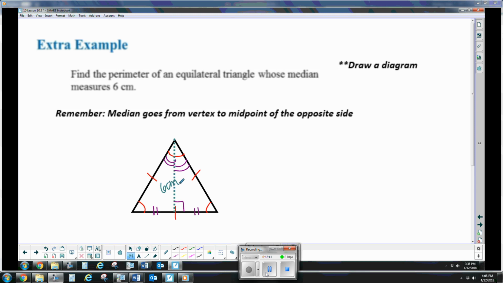So let's label what we know. Again, we know the height or the altitude of the triangle is the same as the median, which is 6 centimeters. And let's just think about that triangle on the right by itself for a second.